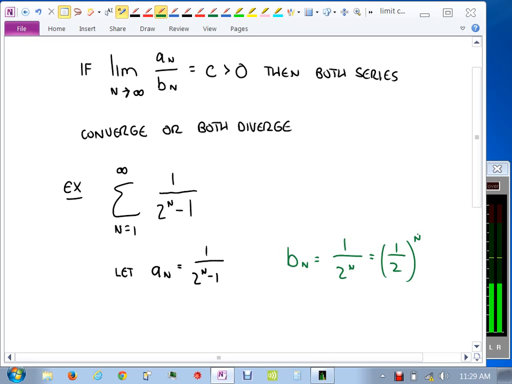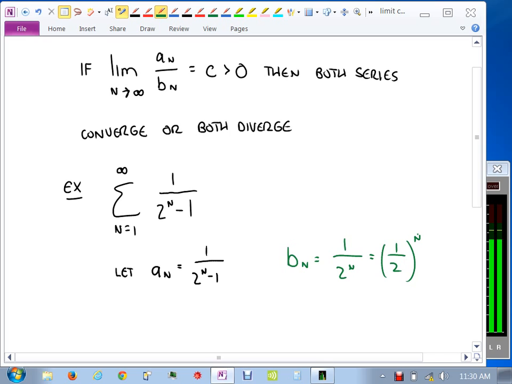If I take the sum of all those, what type of series would that be? I'm taking 1 over 2 to the n and forgetting that the 1's there. That's what I'm going to compare it to. What type of series is that? Geometric. R being half, that would converge, wouldn't it? So if I know that starting the problem, I'm going to compare it to that.